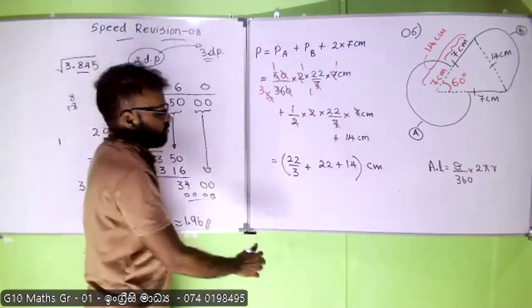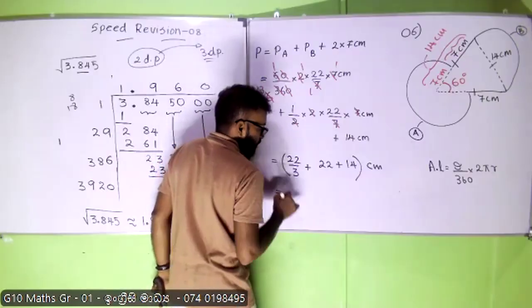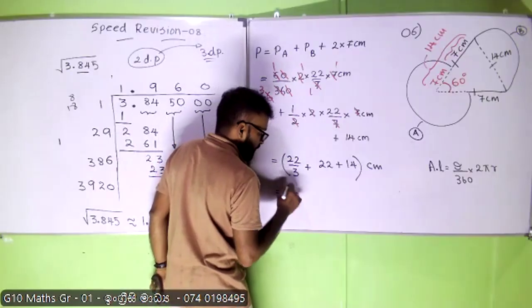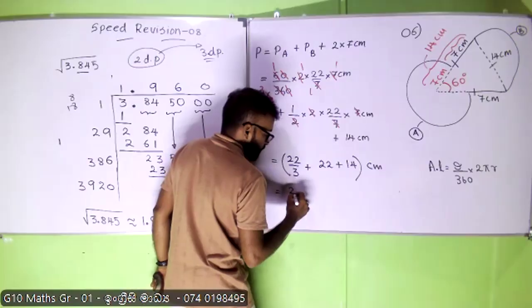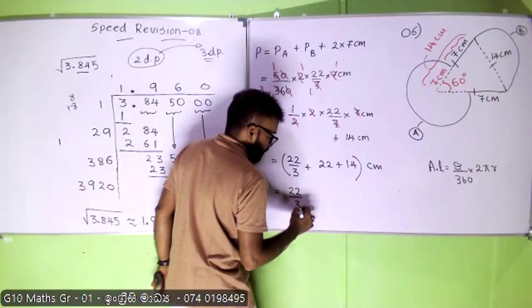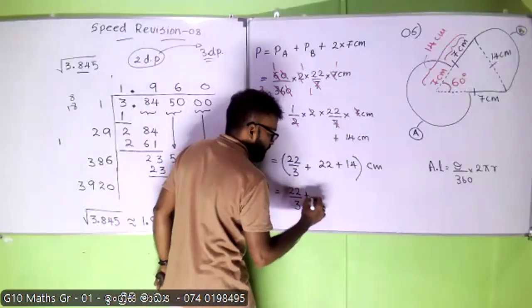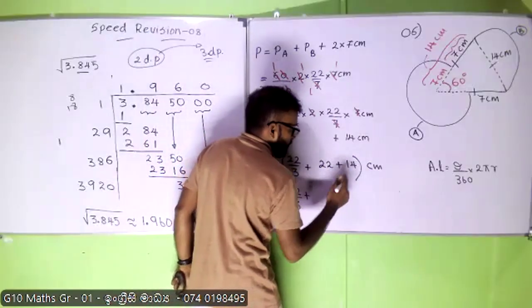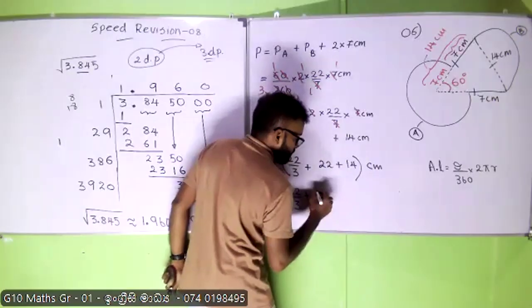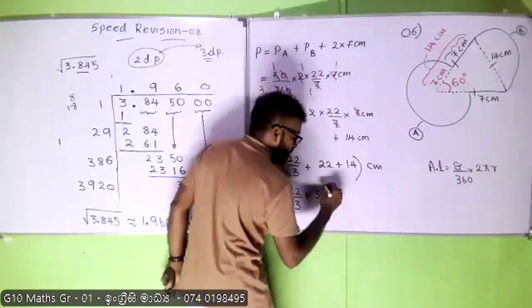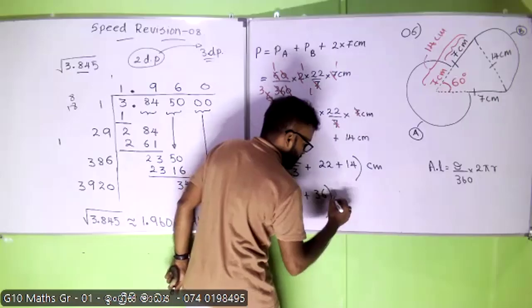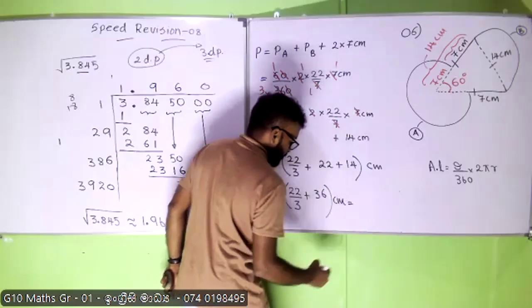Here you have 22 upon 3. If you want, you can put the decimal places as well, but I will use the fraction mode. 22 over 3 plus this 14, bracket, centimeter, equal mark.